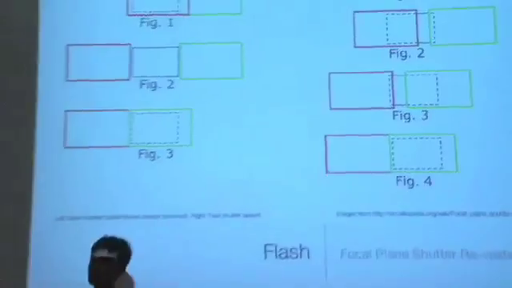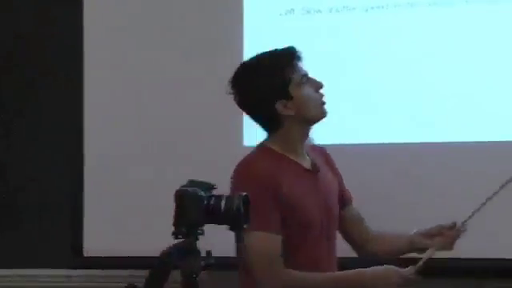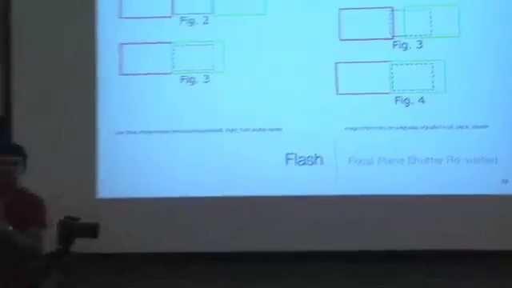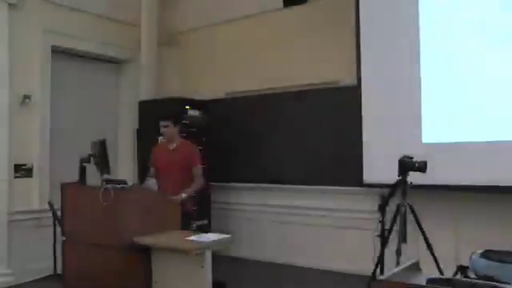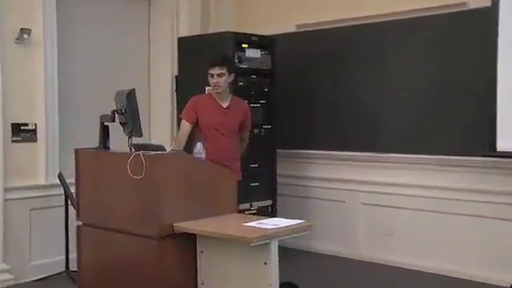So in order for us to make sure that we get the entire thing properly exposed, we have to make sure that the flash lasts for the duration of the time that those curtains are moving across. And so that's why we need a slightly longer time in what high-end flashes are capable of doing.